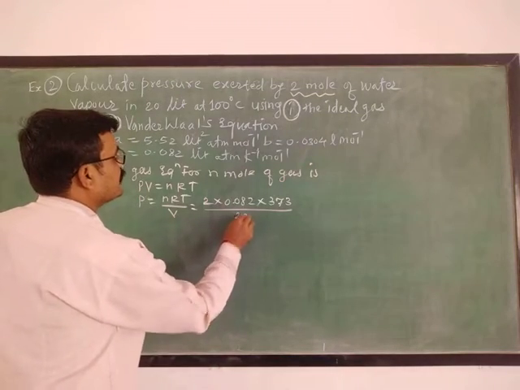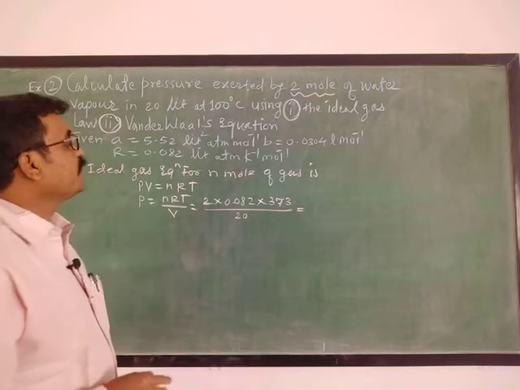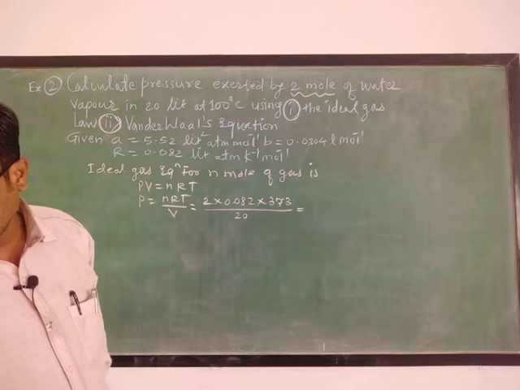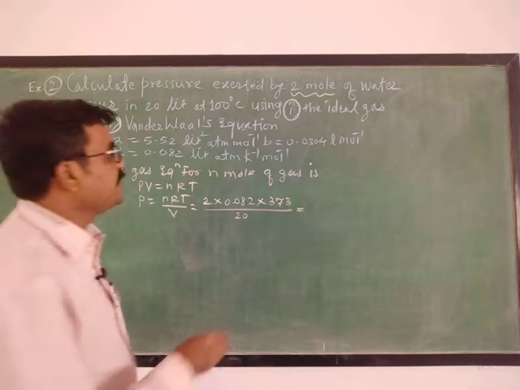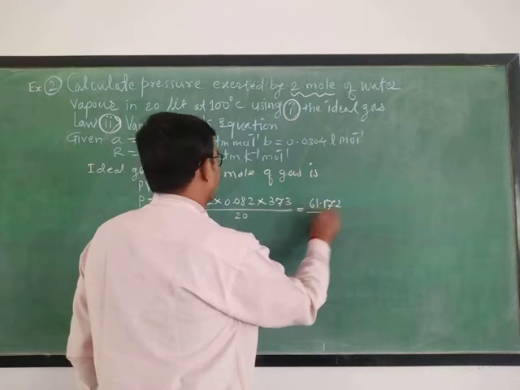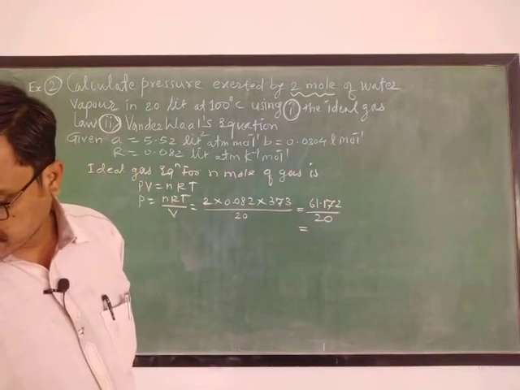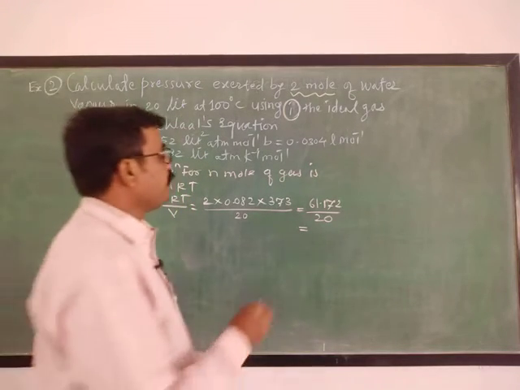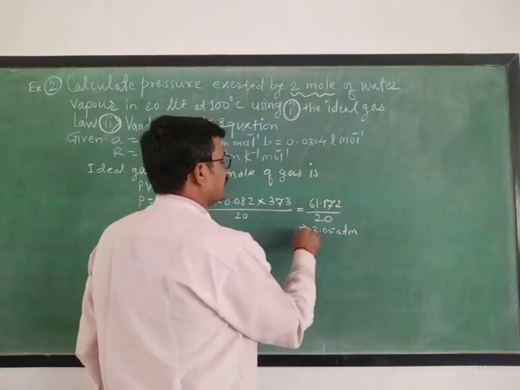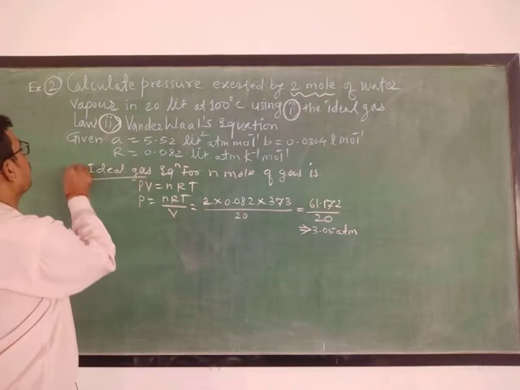Volume is given as 20 liters. After solving this, 2 multiplied by 0.082 multiplied by 373 comes out to be 61.17, upon 20, and it comes out to be 3.05 atmosphere. This is the value of pressure calculated by using the ideal gas equation.